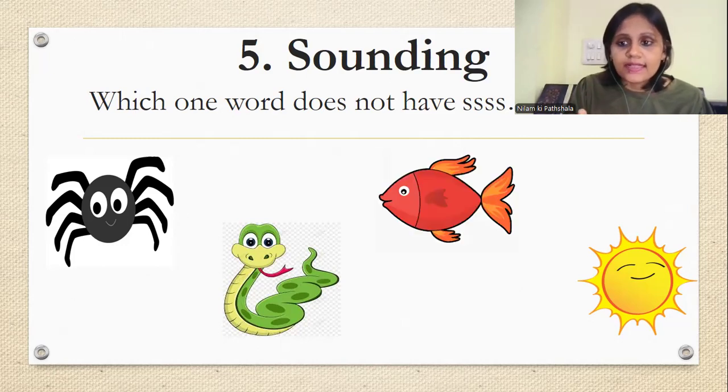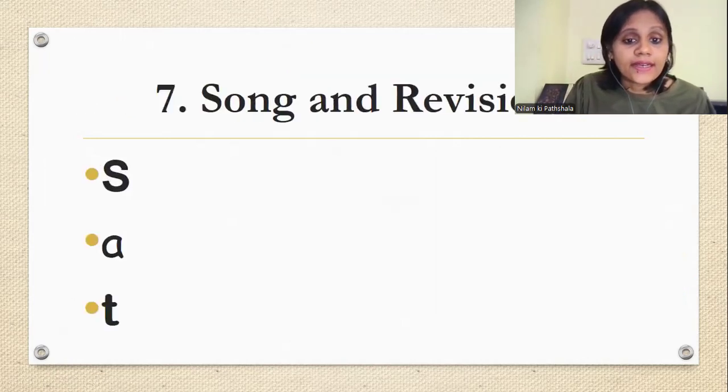But what about this? Let's say its name: fish, fish, fish. So S is not coming when we are speaking. All right. So we have to say that this fish doesn't begin with the S sound. All right. Let's go ahead.